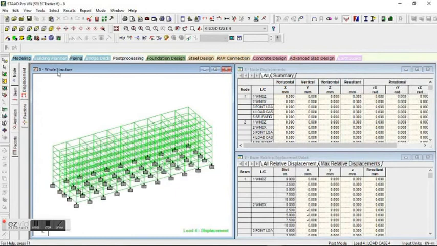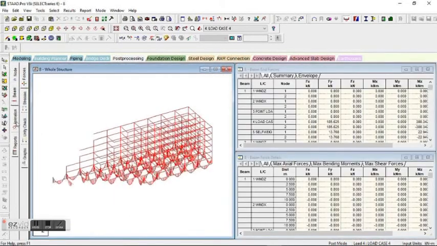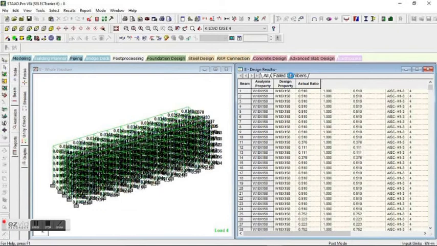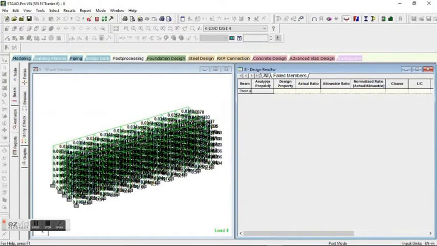After we analysed the structure, we did the utility checking to determine the critical extreme beam with the highest actual ratio nearest to 1. As you can see, the green light shows that no failed members can be found on the structure.